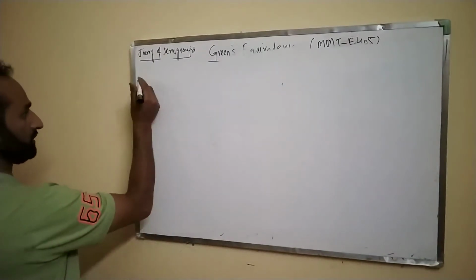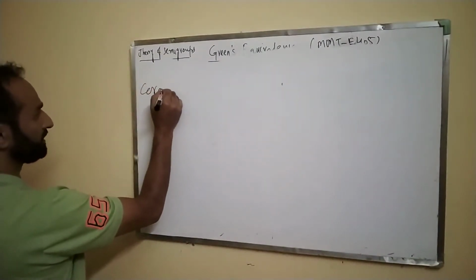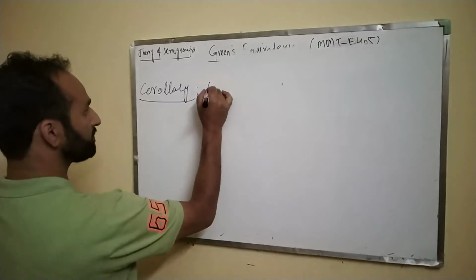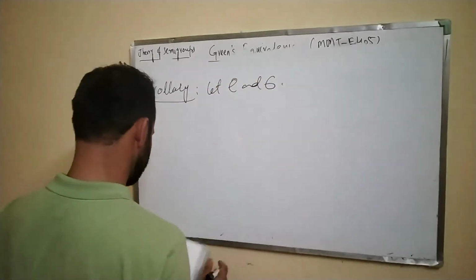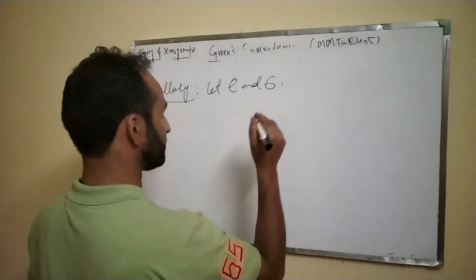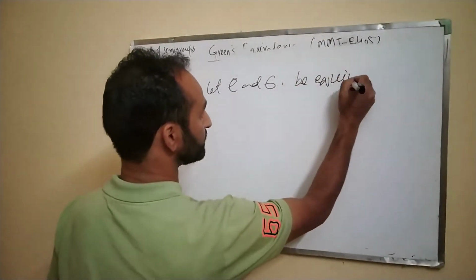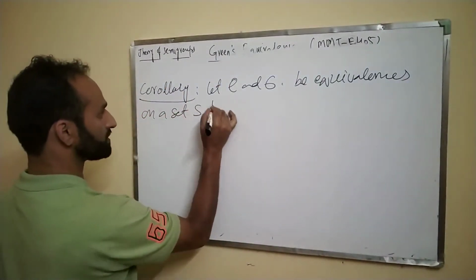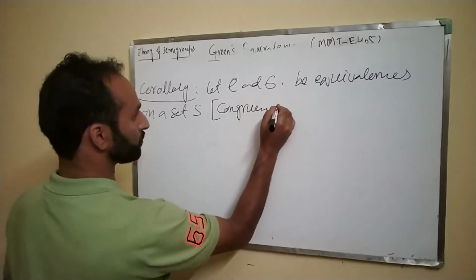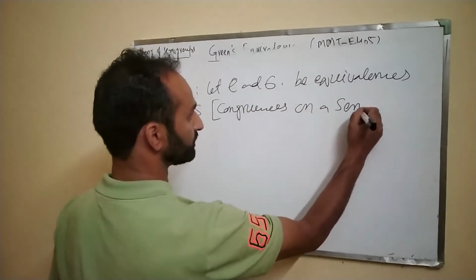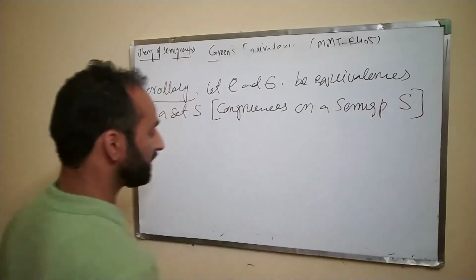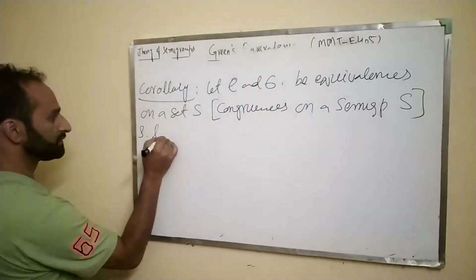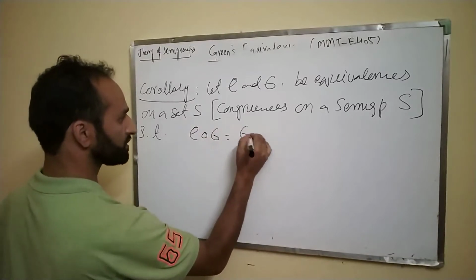Now an important theorem here, which is actually a corollary of the previous theorem. It states: let rho and sigma be equivalences on a set S, or congruences on a semigroup S, such that rho composition sigma is equal to sigma composition rho.